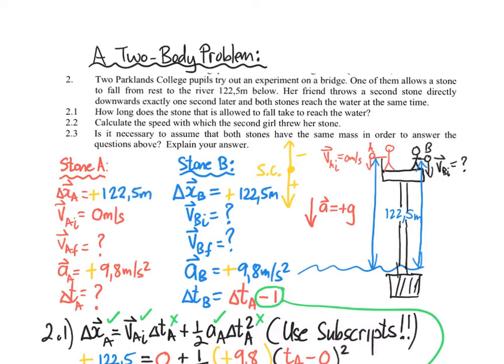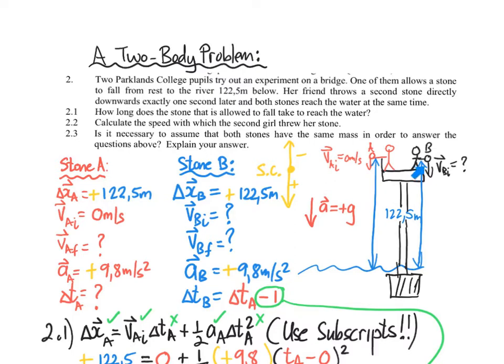Her friend throws a second stone. So that means that stone B is not being let go from her hand, but rather is being propelled from her hand. So when the stone leaves her hand, it is actually traveling at a velocity that is greater than 0 meters per second.